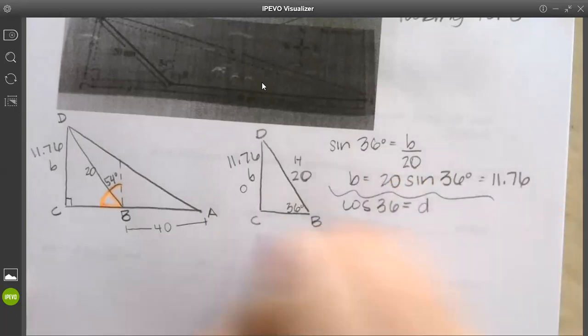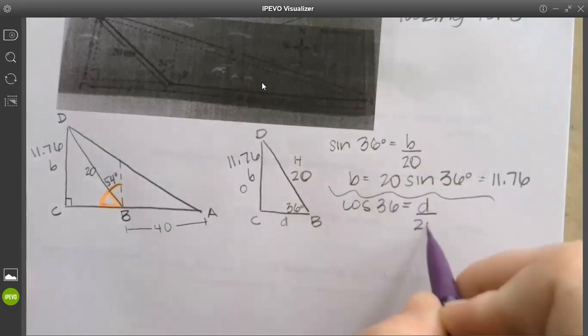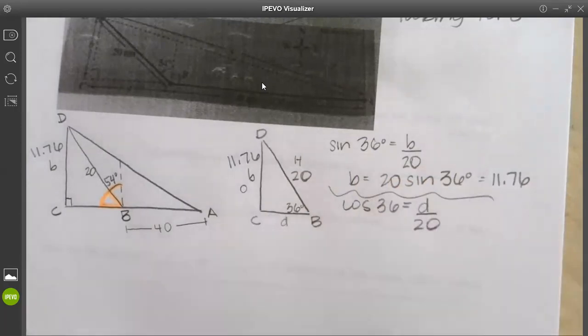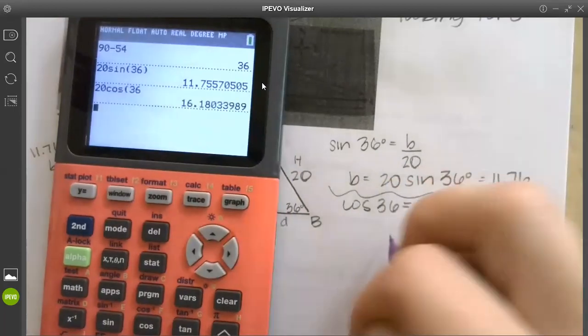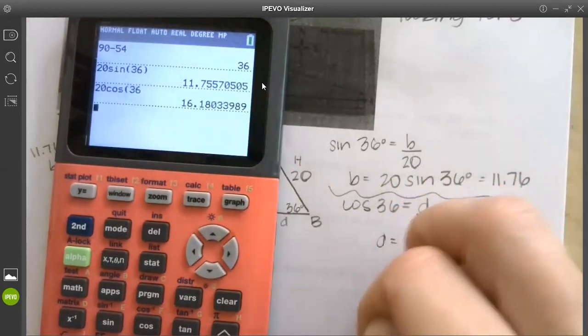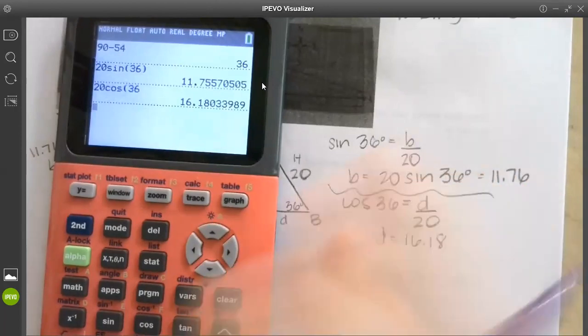Adjacent. We don't have adjacent. That's this little d right here. Over hypotenuse is 20. How do I figure this out? 20 cosine 36. Little d is equal to 16.18.